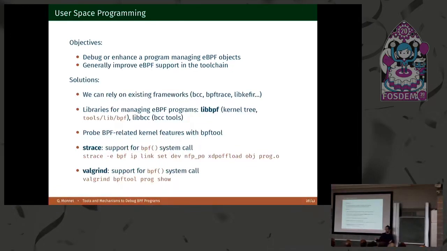Since it's a debugging tool anyway, we have support for BPF in strace. We have BPF support in Valgrind, although in Valgrind I think it might be getting a bit outdated. But strace I think is mostly up to date. That's really nice to have, especially when you're trying to inject a program into the kernel and you don't get much information, you just get an error code.